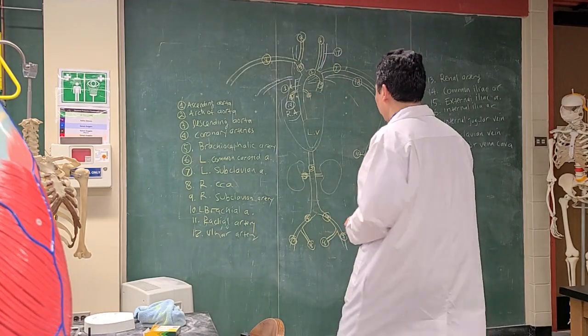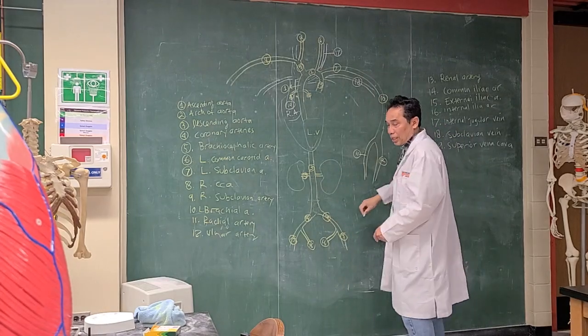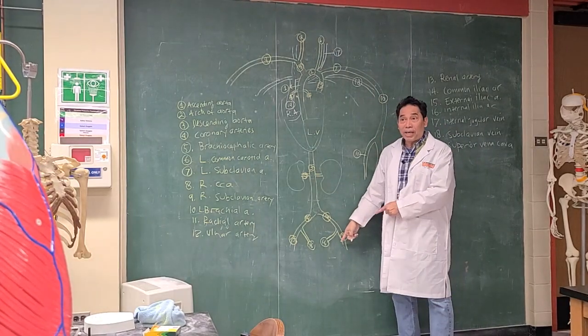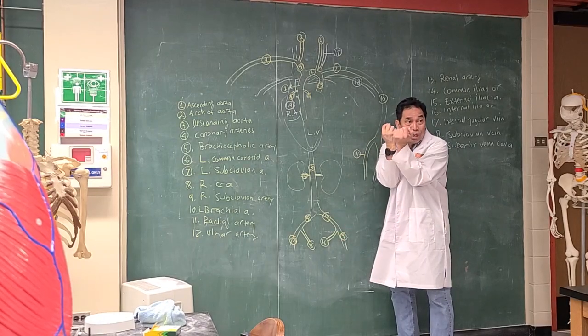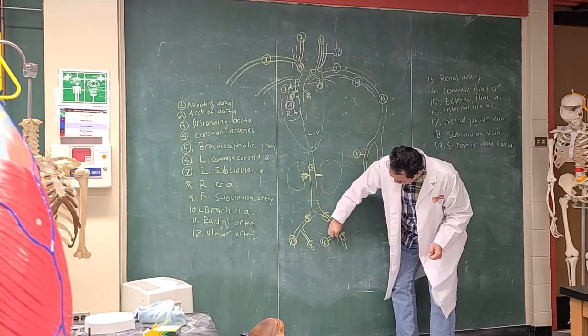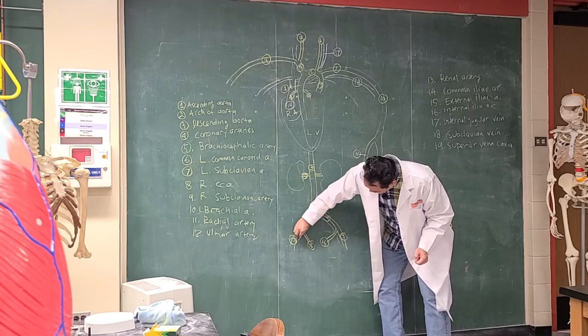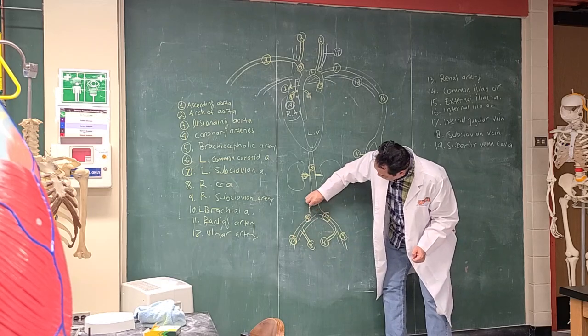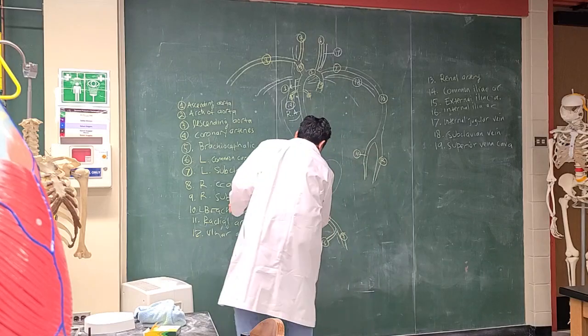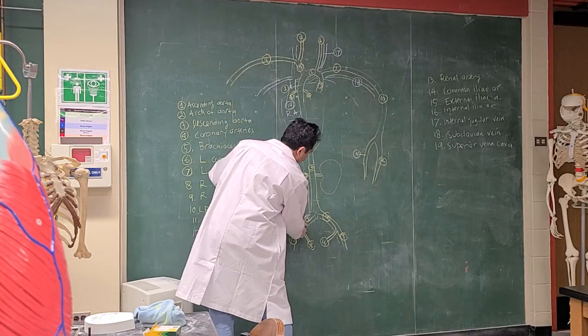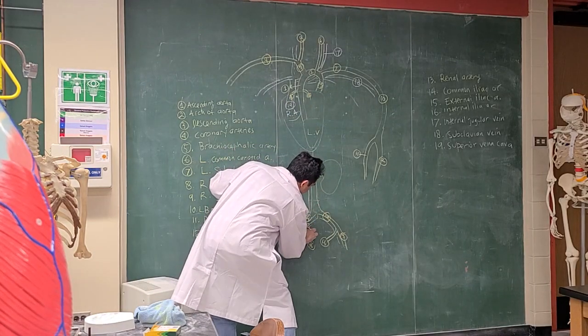Now from the bottom, it's going to be the same. The artery and the vein, most of the time they are side by side. They actually are close to one another. So from here, you're going to have the iliac vein. I'm going to put number 20.